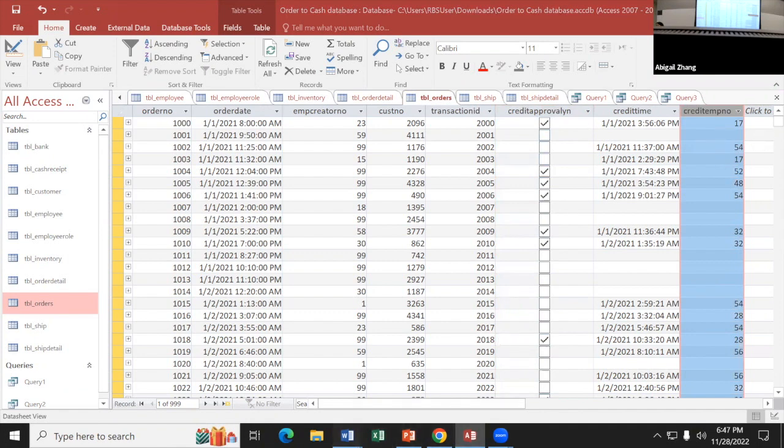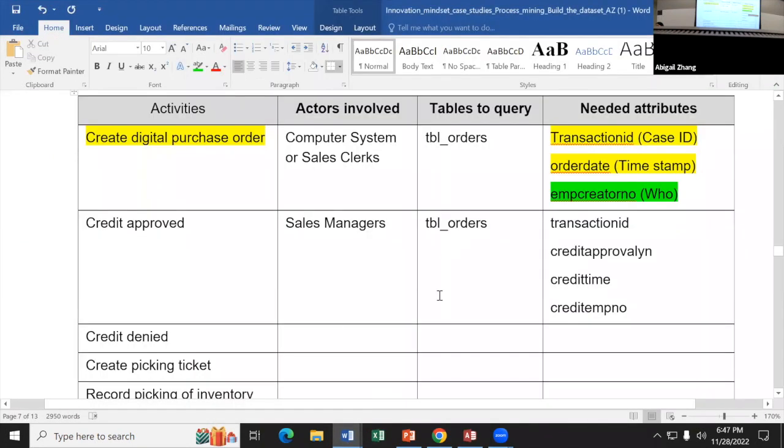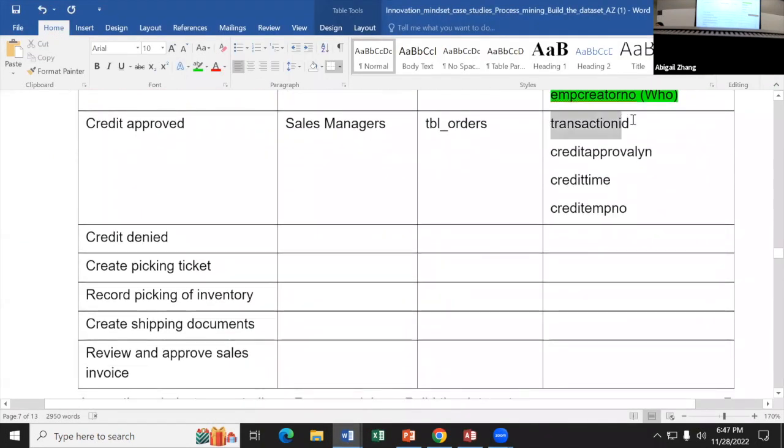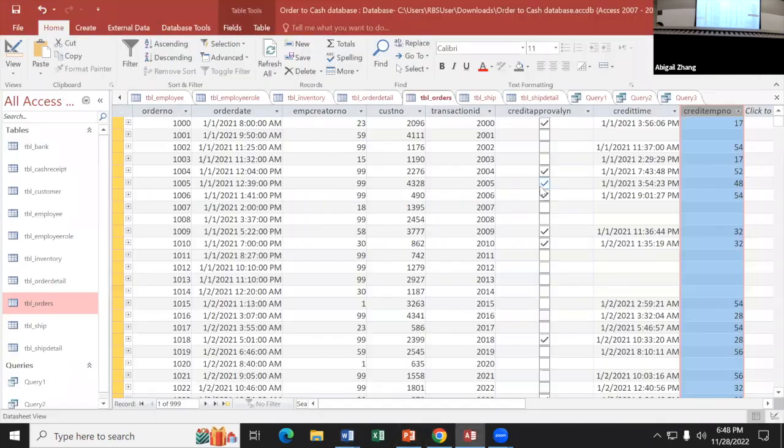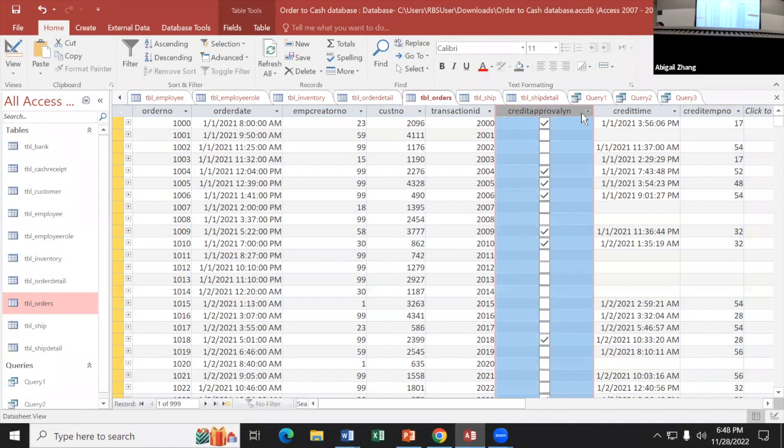So that is to say, if we were to construct that event log, right? So we have the transaction ID, that's our case ID, credit time, this is our timestamp, and we already have our activity. So employee number, this is the who, right? So now we have this additional credit approval. This is something that we have to use as a filter, because when we select the sales orders that are approved, we have to filter those based on this attribute being true or being checked.